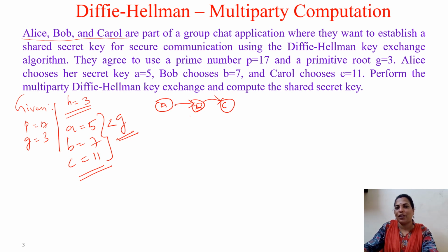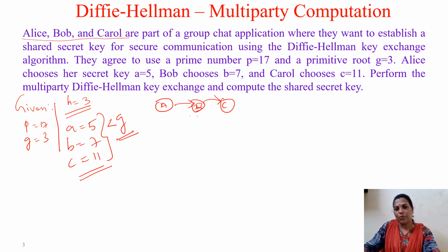B has to compute with his private key and send that value to Carol, and Carol has to compute something with her own private key and send it to Alice. Finally, Alice has it. Likewise, the steps are followed. So all of you are aware. Here there are only 3 users, so only 11 steps are there. So first we will start from the third step onwards.